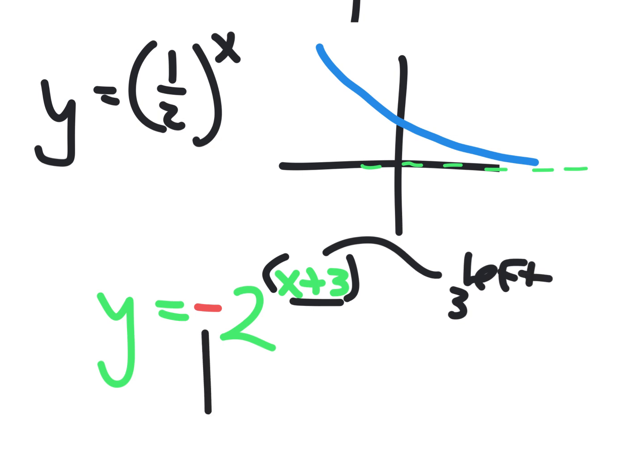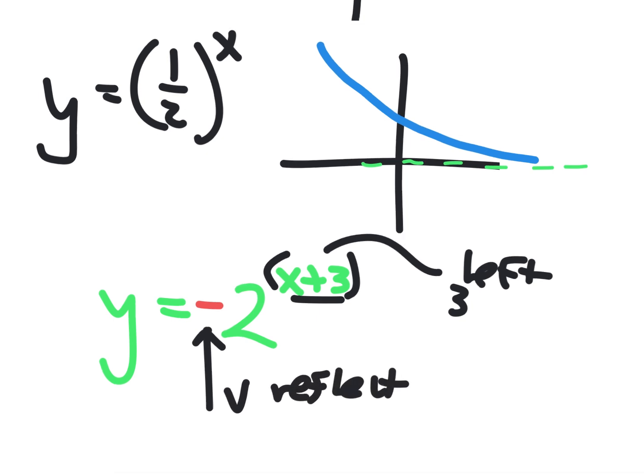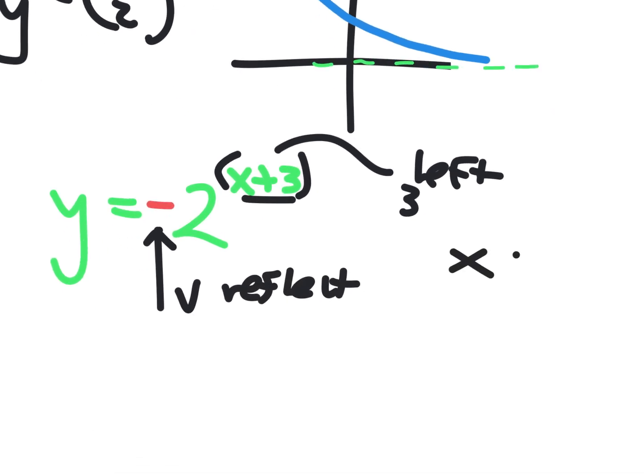How about this one? It was on our last test. Vertical, reflect, very good. Now, make me 3 points that work. You can take any number you want. So I said make the inside small. Because if you stick in 5 here, you're going to have to do 2 to the 8th.